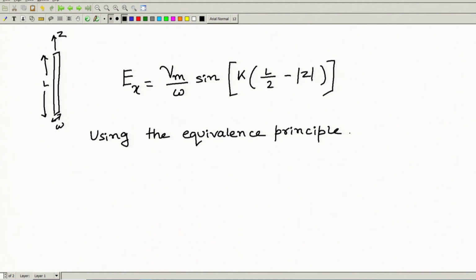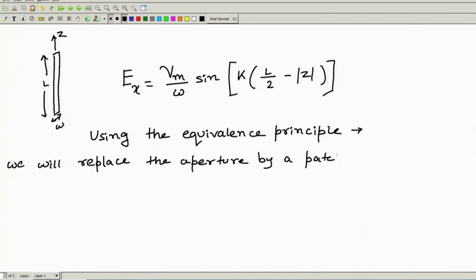So we can write that using the equivalence principle, we will replace the aperture by a patch of magnetic current.